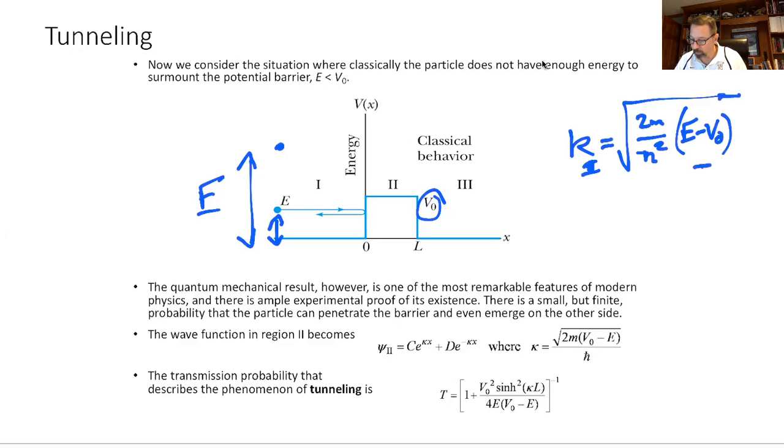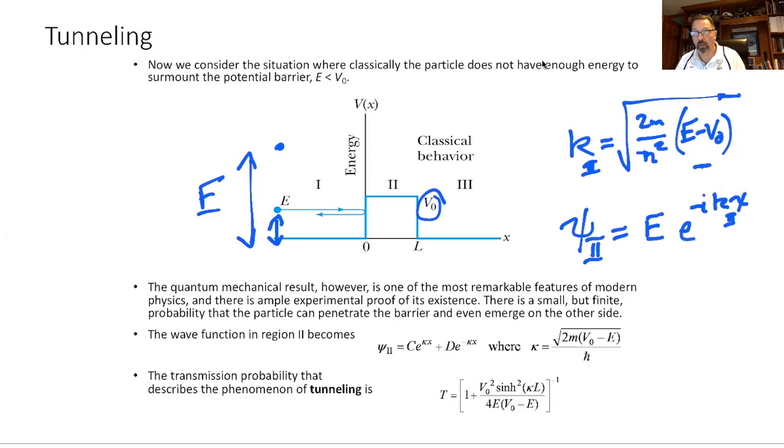And so this term right here is negative, and it makes K2 an imaginary number. Well, the solution for the wave function in 2 is still some constant, and I guess I was using E as my dummy constant. It could be C or D, but I'll go back to using that E, just some constant times an exponent of minus i K2 x, but in this case, K2 is complex as well.